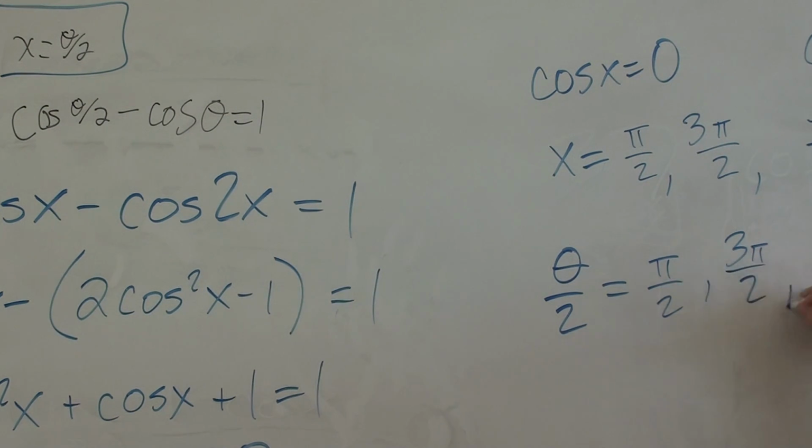So if theta over 2 equals all of these, then to solve for theta, I just double everything. So theta would be pi, 3 pi, 2 pi thirds, and 10 pi thirds. Except it's got to be between 0 and 2 pi. So that one's out, and that one's out.